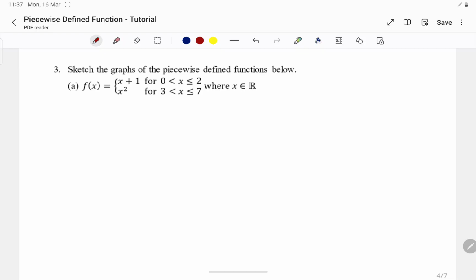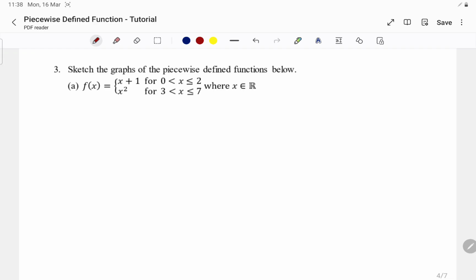For question number 3, sketch the graph of the piecewise defined function below, where f(x) is equal to x + 1 for 0 < x ≤ 2, and x squared for 3 < x ≤ 7.